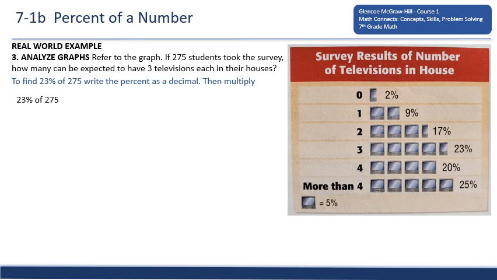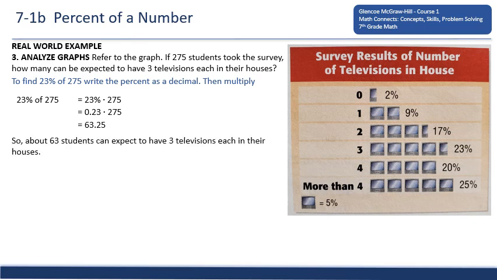So 23% of 275 is the same as 23% times 275. And we're going to skip a step here and not put 23 over 100 because we know the next step would just be 0.23 times 275. And if we multiply that out, and you can use a calculator to do this, you get 63.25. So about 63 students can expect to have 3 televisions each in their houses.